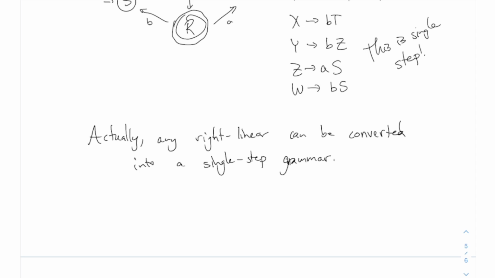Which means actually the right linears are not any more powerful than the single step grammars, because you can always convert a right linear grammar back into a single step grammar. All right?